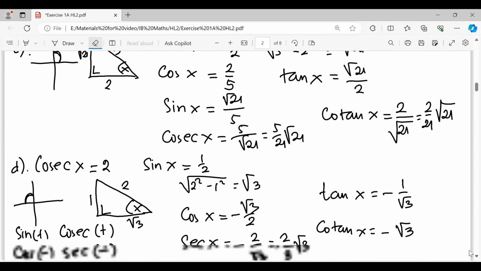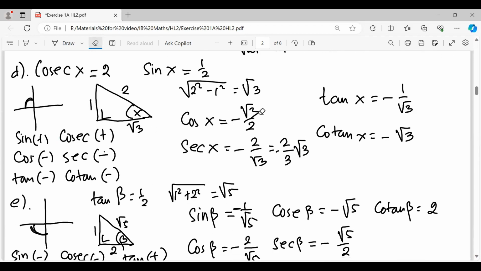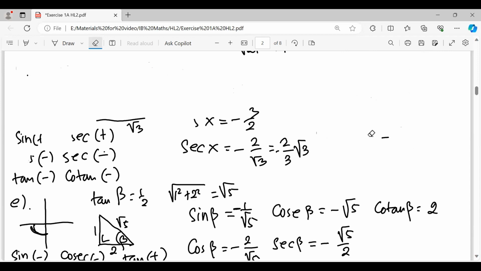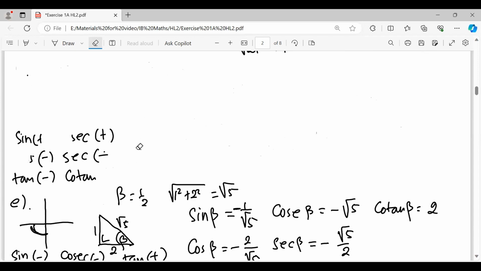Okay, better this area. Wait, I need more duration to clean this area because I want to explain part F. Okay.